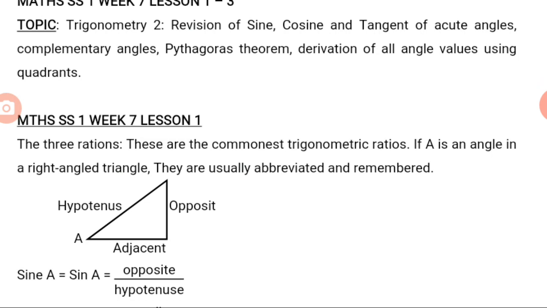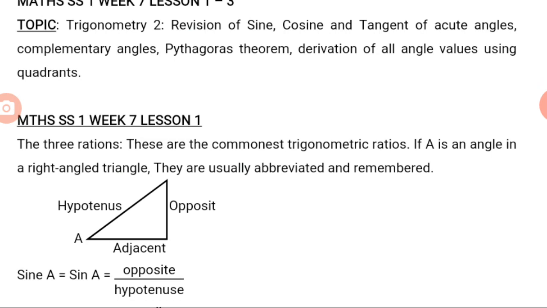For instance, look at angle A. The side that is opposite to angle A is where right opposite, and the side that is adjacent to A is where adjacent is, and the hypotenuse remains the hypotenuse.